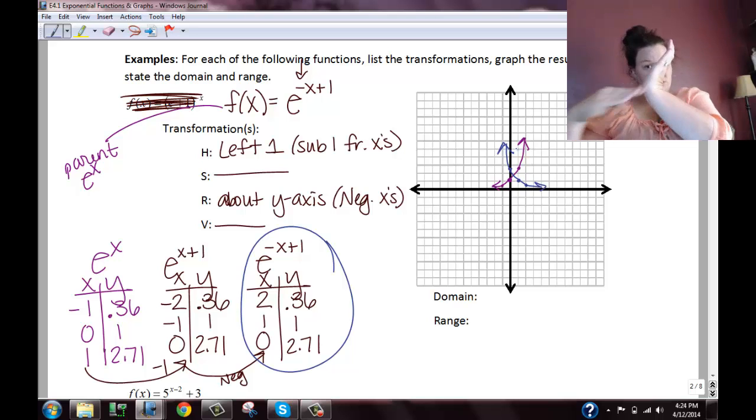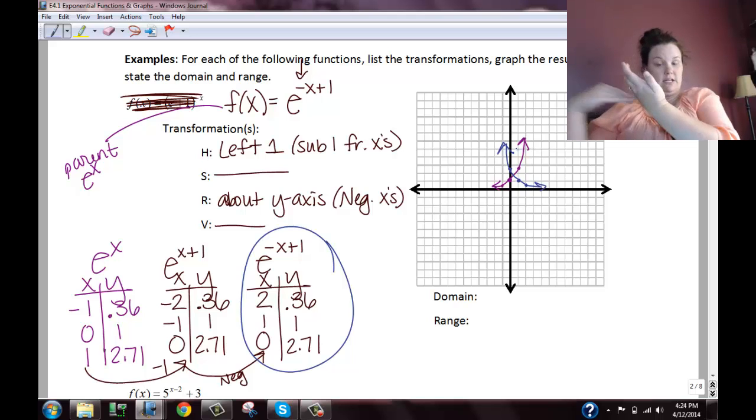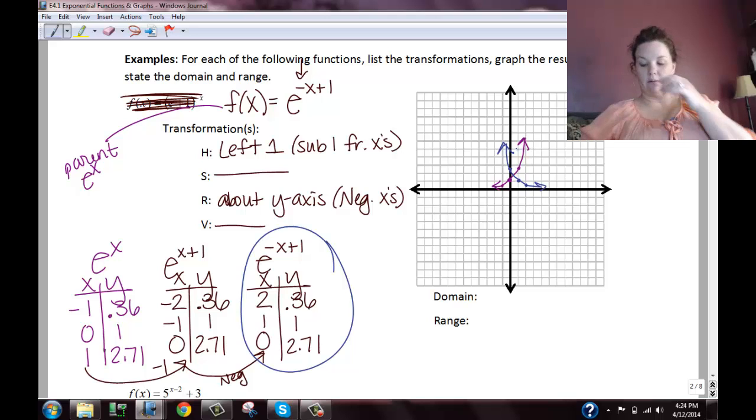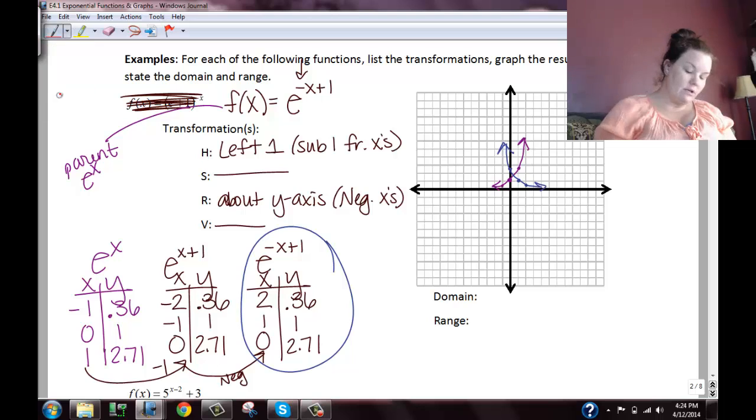If I move it to the left, it's just going to be approaching 0 a little further over. And then I reflect it about the y-axis, which turns it like this, right? So notice it's still approaching 0, but it's approaching 0 from the opposite direction, which is fine. It still means our asymptote is at y equals 0.